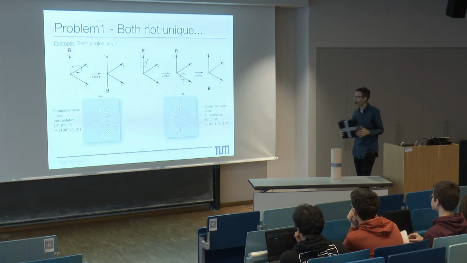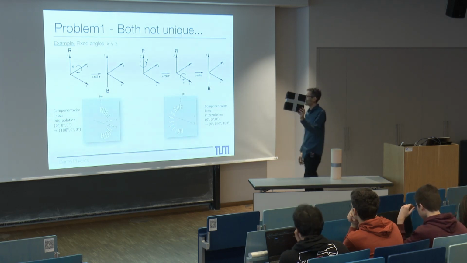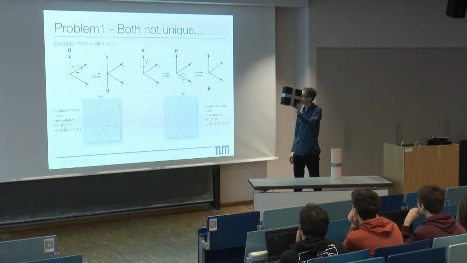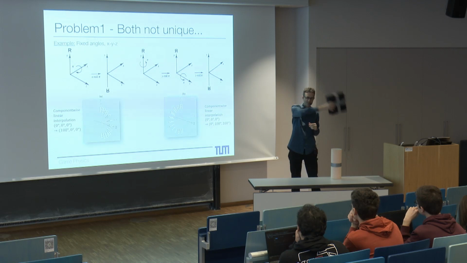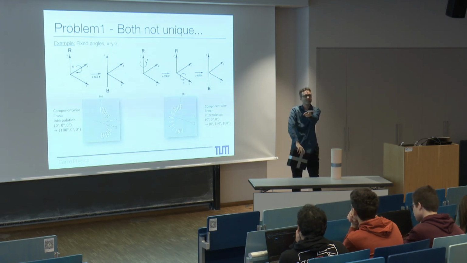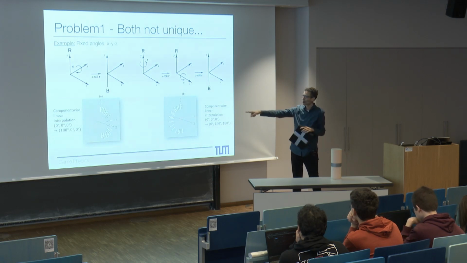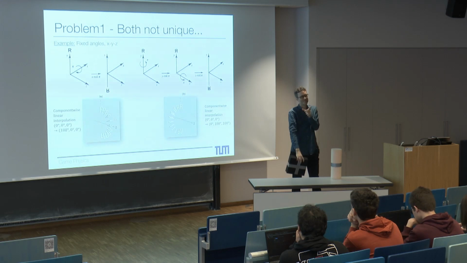I can actually get the same answer in a very different way. I can first, this doesn't matter so much for this object, but I can flip it around and then rotate around this z-axis in this example. Can you see it from the images down there? So basically this flip is the same as this.